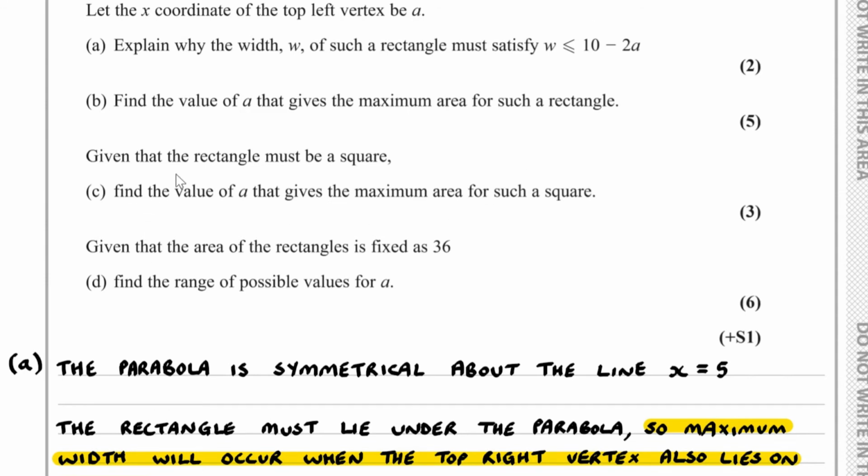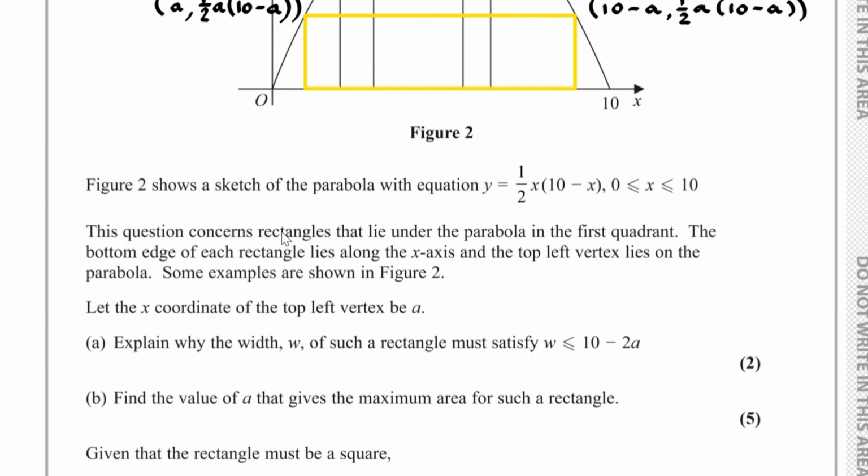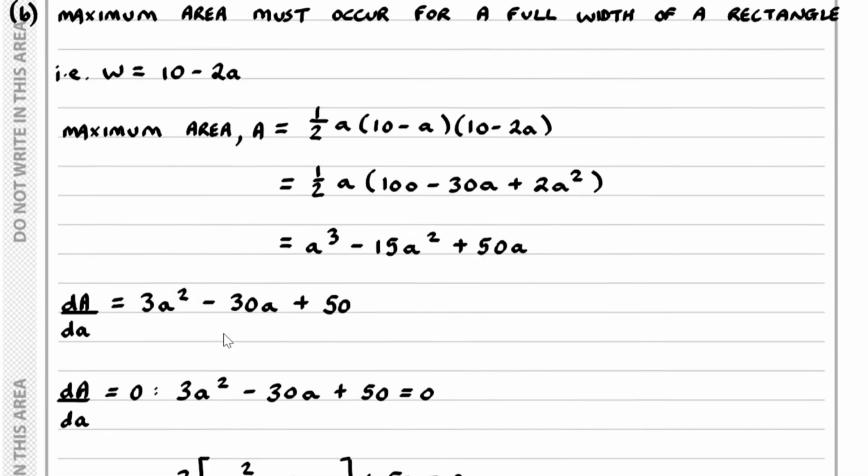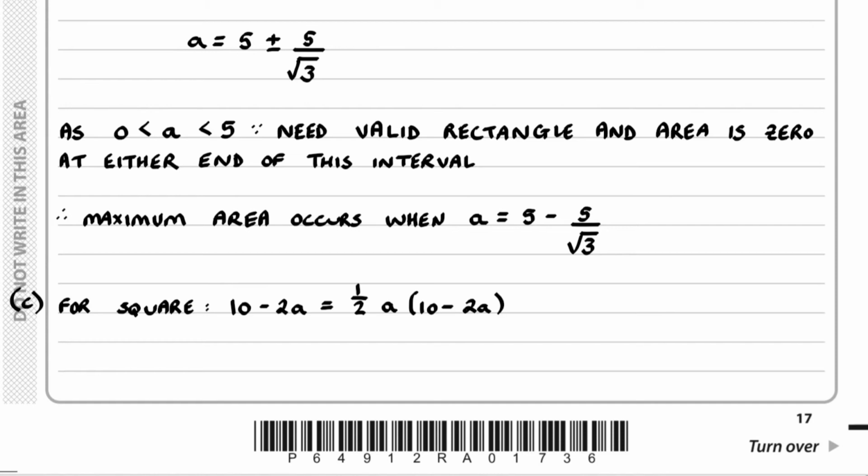Now, given that the rectangle must be a square, we have to find the value of a that gives the maximum area for such a square. In other words, the length must equal the width. So, for a square, we have 10 subtract 2a equals a half a times by 10 subtract 2a.